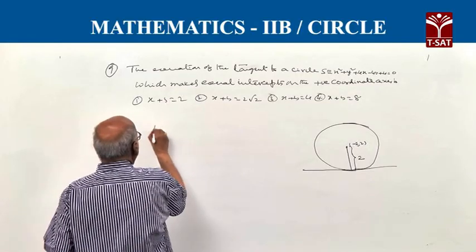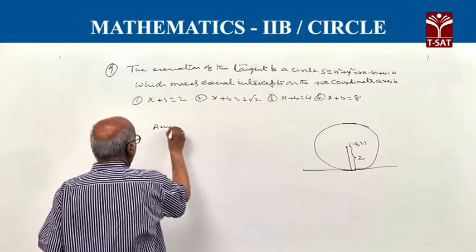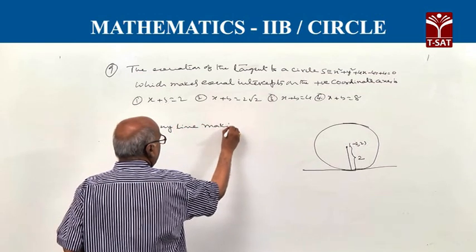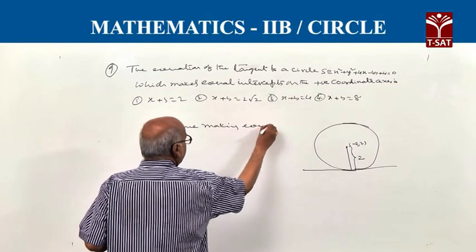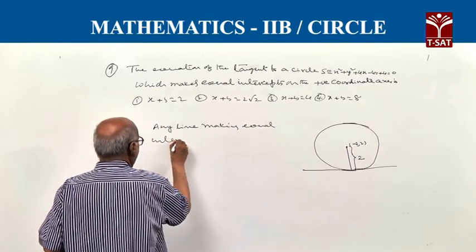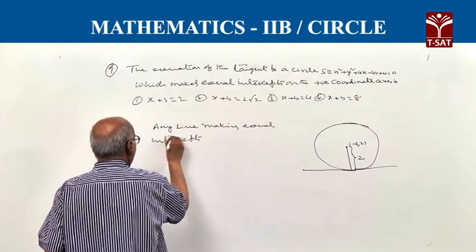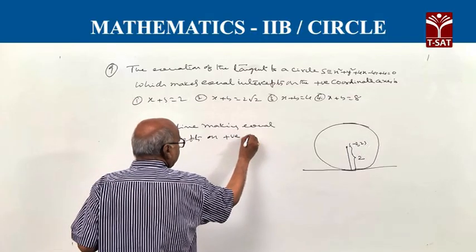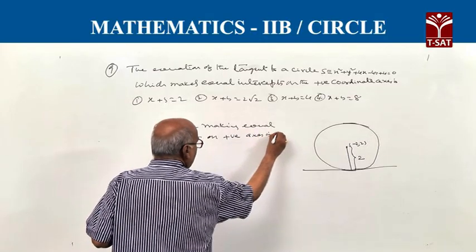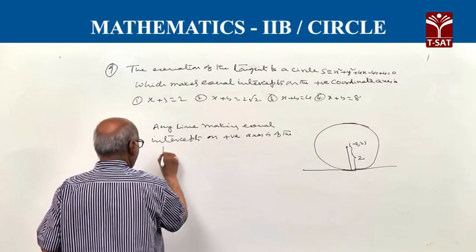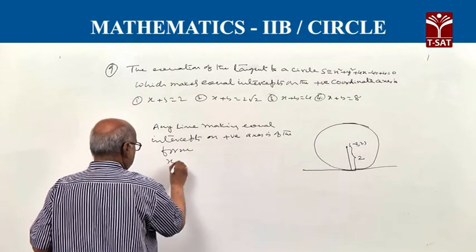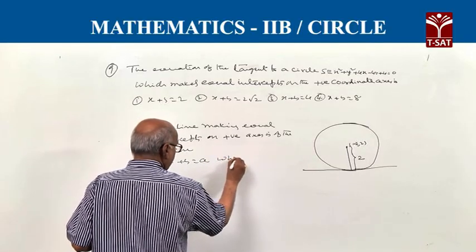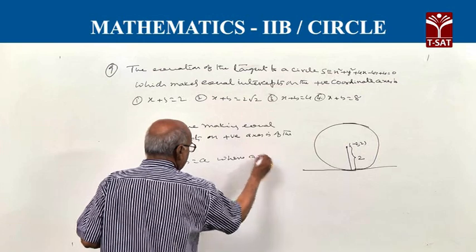Now, any line making equal intercepts on positive axis is of the form x plus y is equal to a, where a is greater than 0.